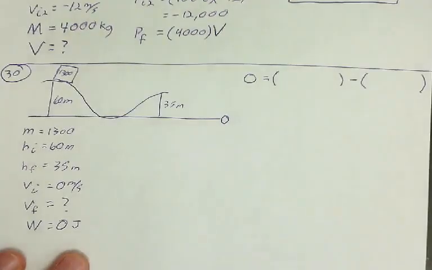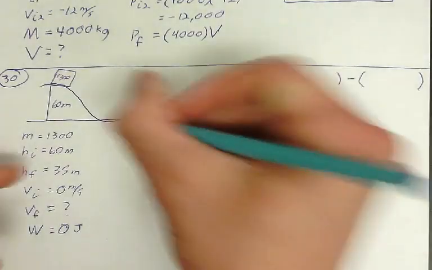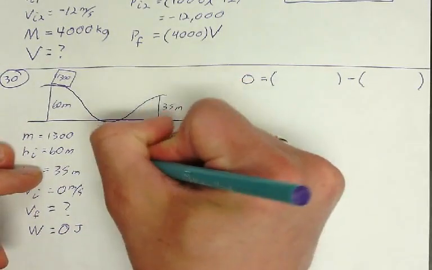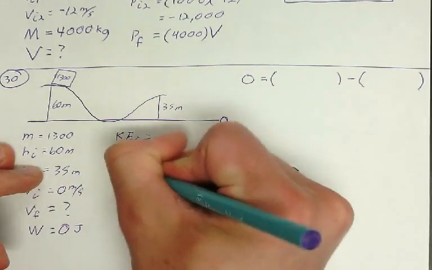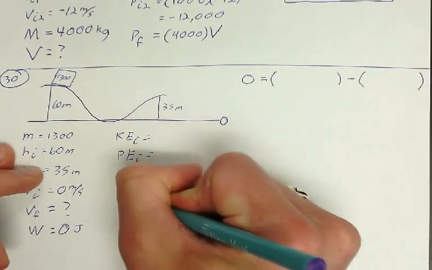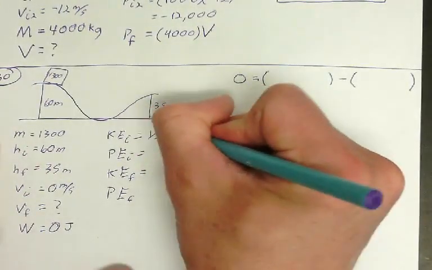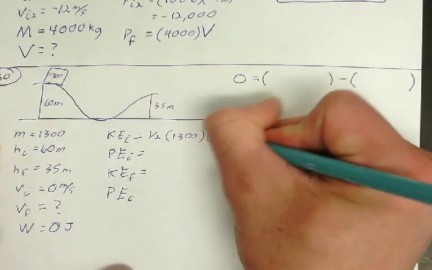So here's where we are. We're finding all these energies. So we find kinetic energy initial, potential energy initial, kinetic energy final, potential energy final. So the kinetic energy initial is 1/2 times m times v squared, which is 0.